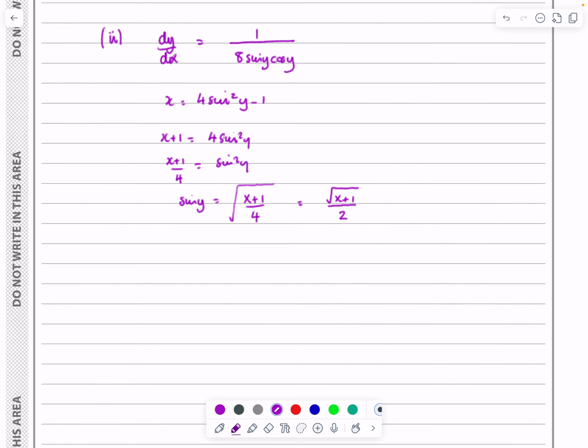So I've got sine y is written like that. What about cos y? Well, remember, cos squared y plus sine squared y is equal to 1. So cos squared y is 1 minus sine squared y. And we've already got sine squared y a little bit earlier on. So cos squared y is 1 minus x plus 1 over 4.